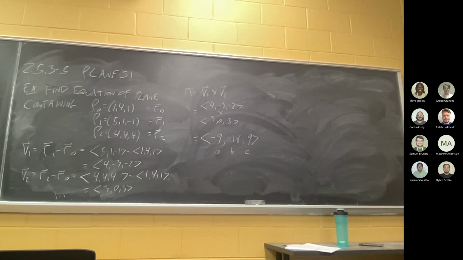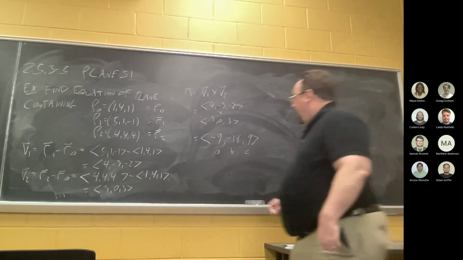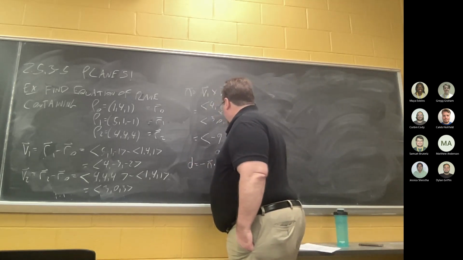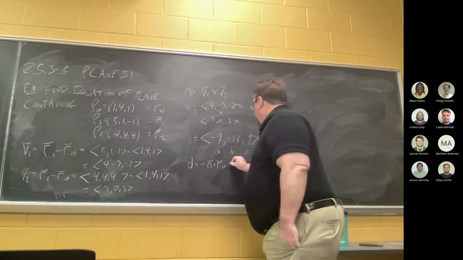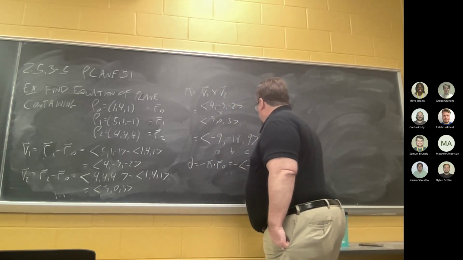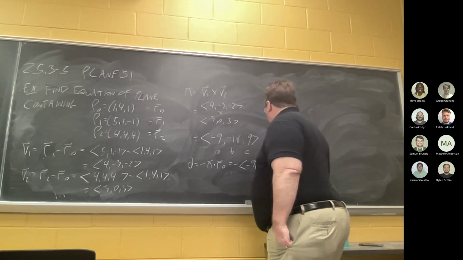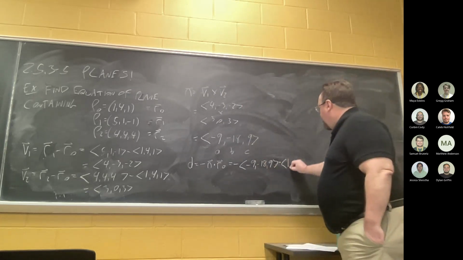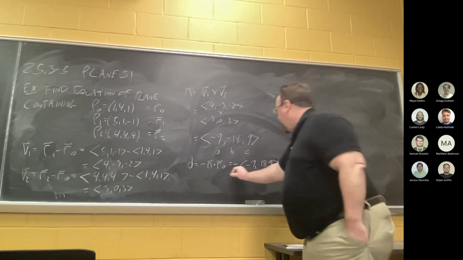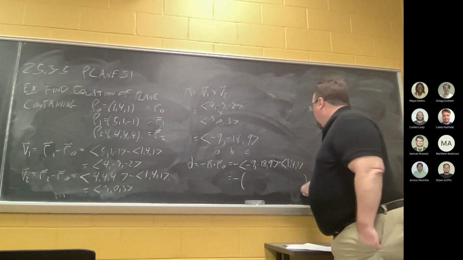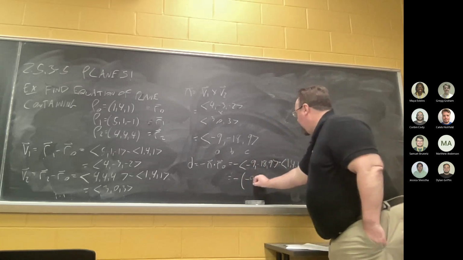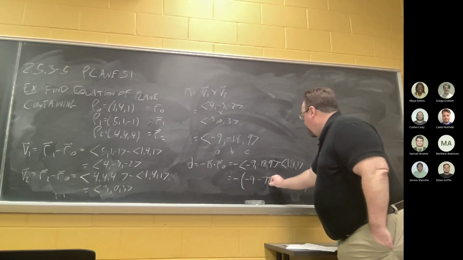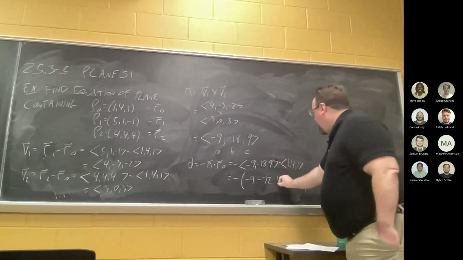What's left is I also need the constant D. So D is equal to minus the dot product with R0. So that'd be minus the dot product of minus 9, minus 18, plus 9 with R0, which is 1, 4, 1. We get minus 9, minus 18 times 4 is minus 72, plus 9.